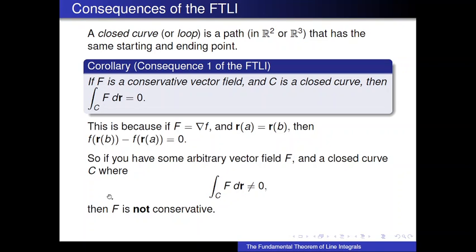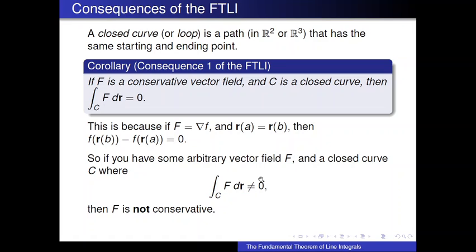So, okay, that's a different technique than what we'd had before, just looking for a potential function, little f, and maybe not finding one. This technique might be a little bit more slick than that, but still it might be a stretch to pull some closed curve out of thin air along which this vector field integrates to some number that's not 0, right?